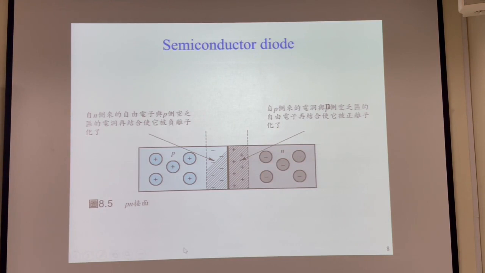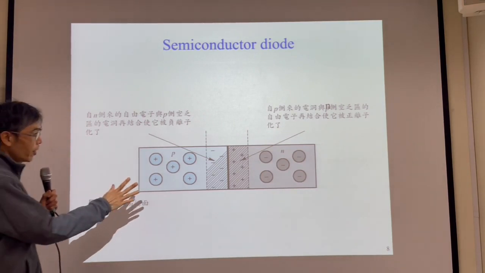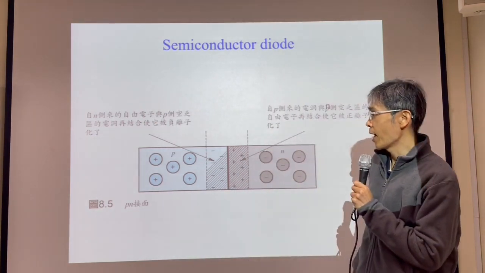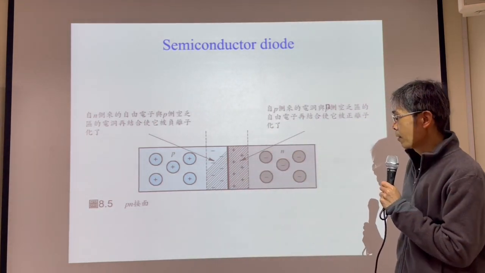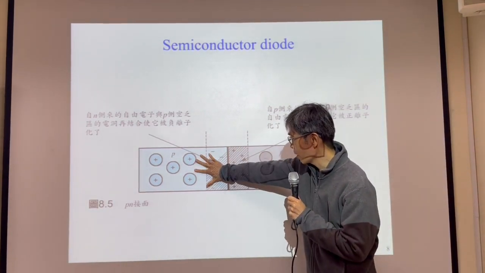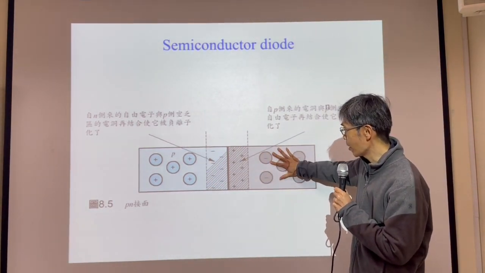Then these are the two semiconductors, P-type and N-type. We can use them to create a diode. Okay, we attach the P-type semiconductor to the N-type semiconductor.